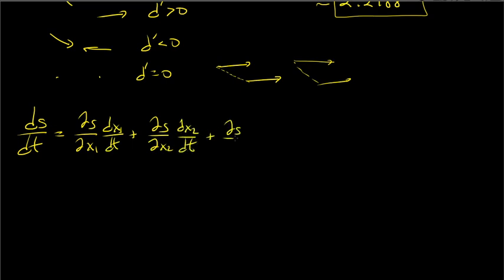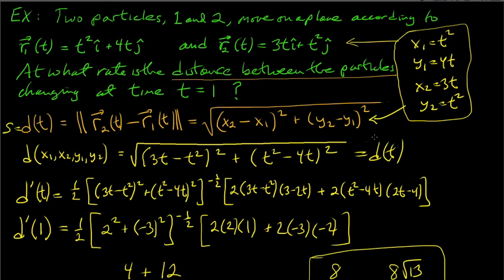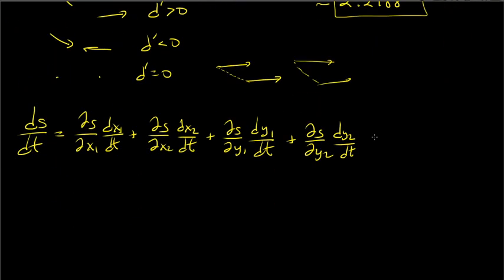Then the partial of s with respect to y1 times the derivative of y1, ordinary derivative, right? And finally, partial of s with respect to y2 times the derivative of y2. And I think that would have worked as well. Probably just as easy.